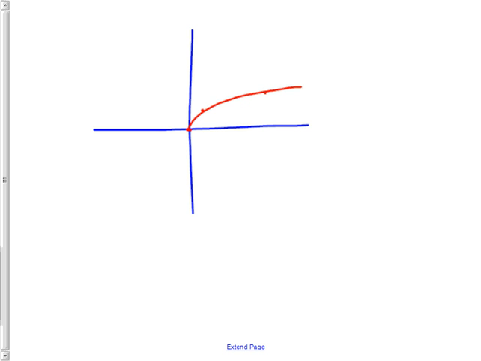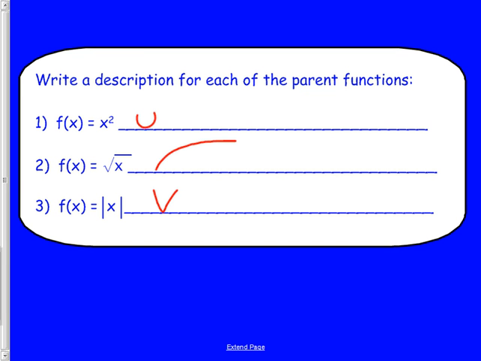It's just that it's on its side. You've got to turn your head sideways and you can see it's a parabola. And the rest of the parabola would be over here, but that part's buried in the sand. So that's the square root function. And the other one is the absolute value, and that makes a V shape.